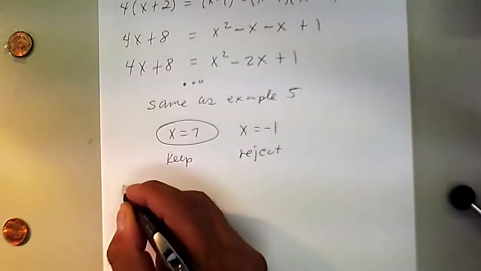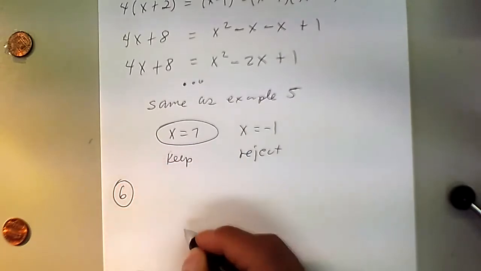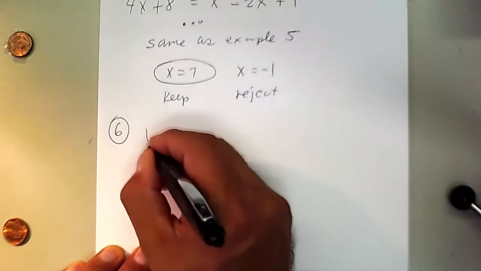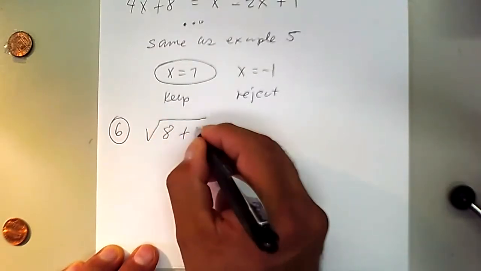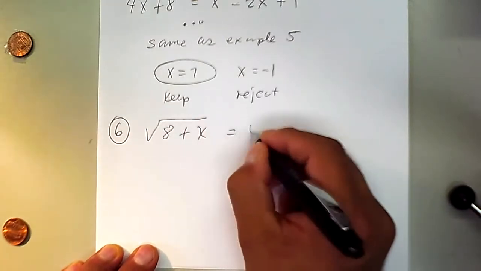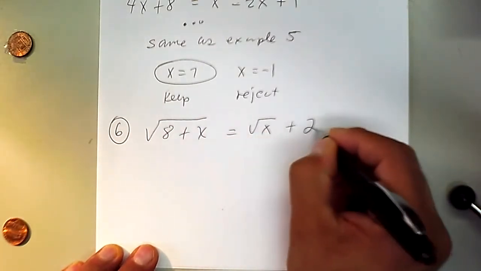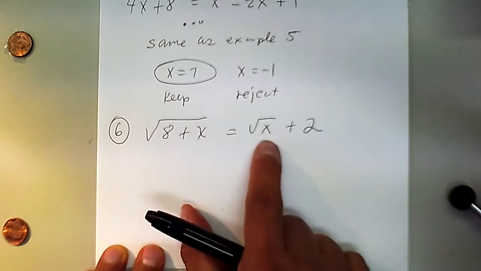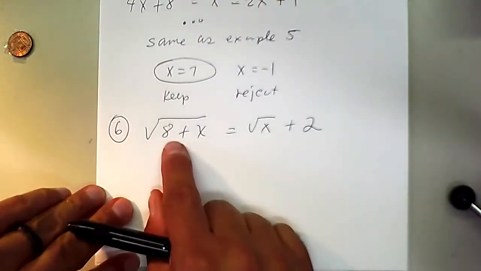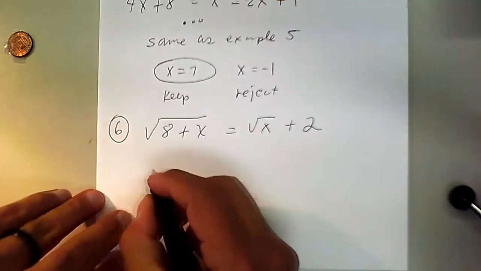Let me see if we can at least get started with example 6 on this page. Square root of 8 plus x equals square root of x plus 2. Okay, that's a little more complicated. I'll show you why. Square both sides, as we've done before.